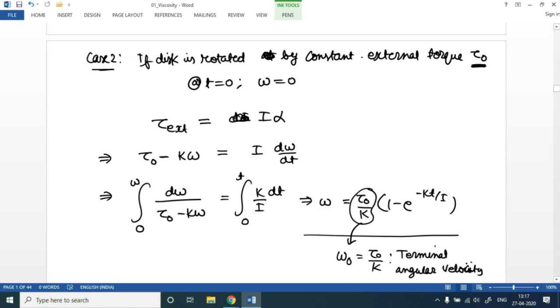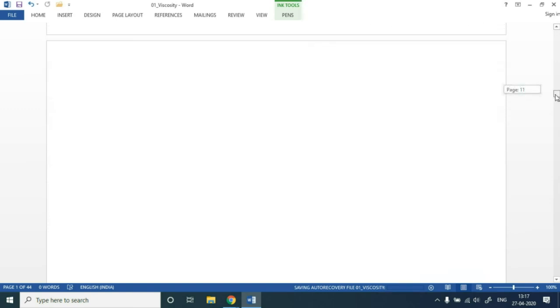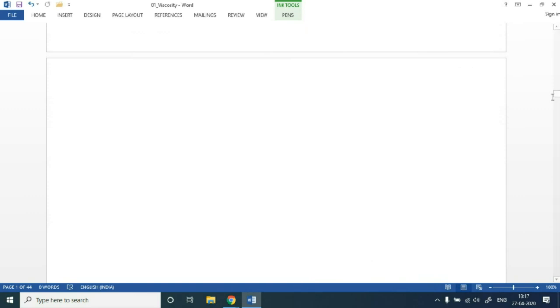So these were a few cases we discussed for linear velocity profile, and as I discussed, the conditions under which that can be applied. Now let's move on to the discussion of some non-linear velocity profile also.